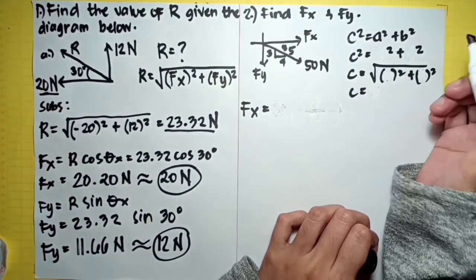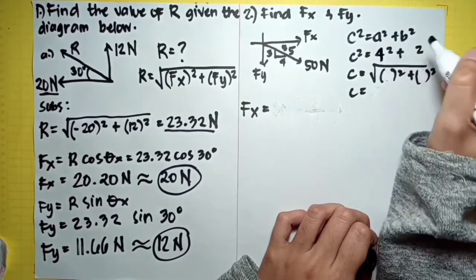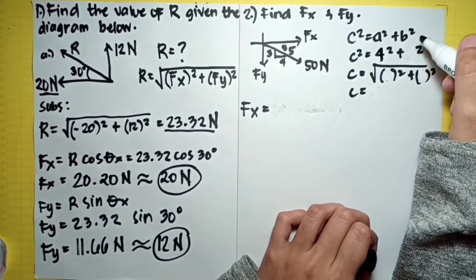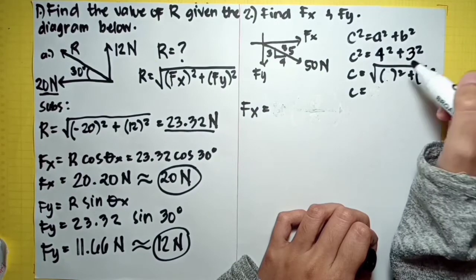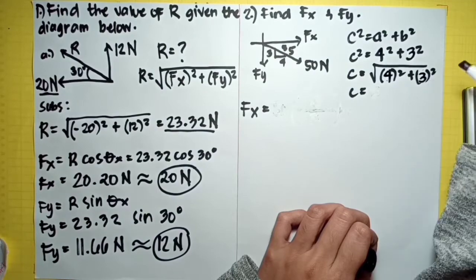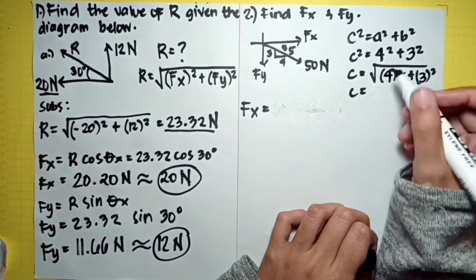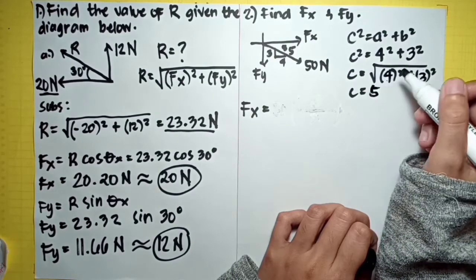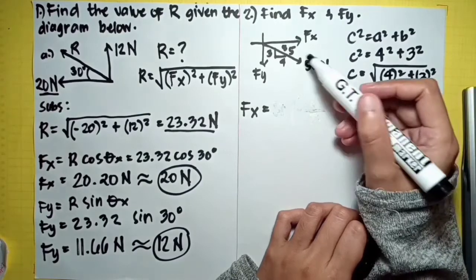So, ang a natin ngayon ay 4 raised to 2 at saka ang b natin which is 3 raised to 2. So, isimplify lang natin 4 raised to 2 and then 3 raised to 2 square root is equals to 5. So, ang hypotenuse ngayon ay 5.